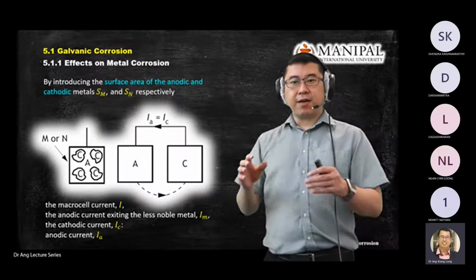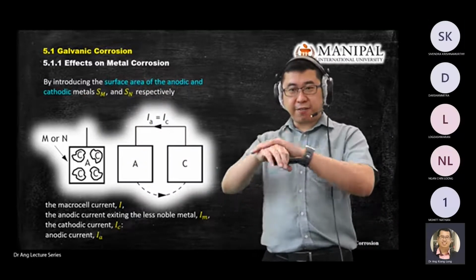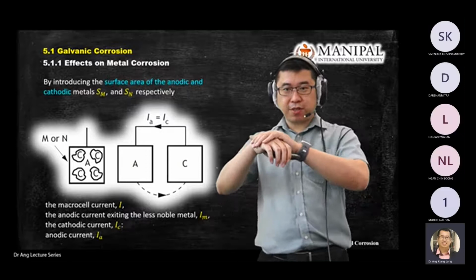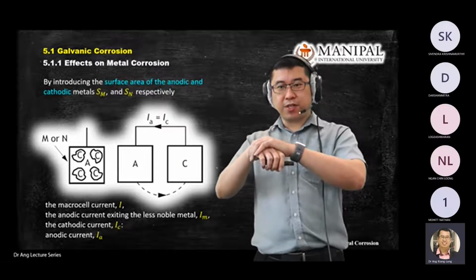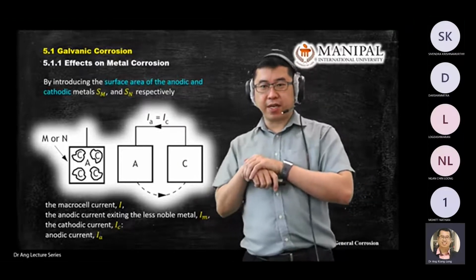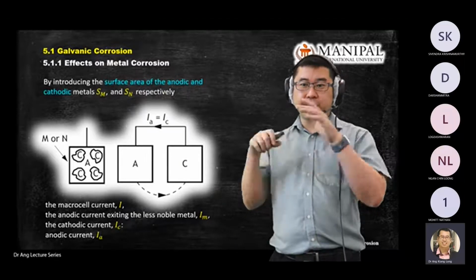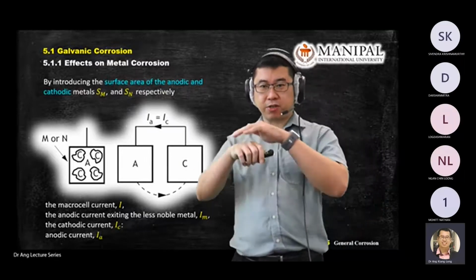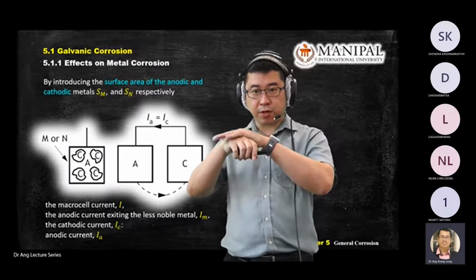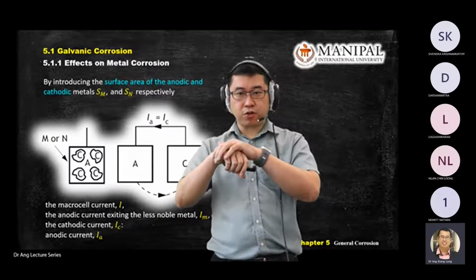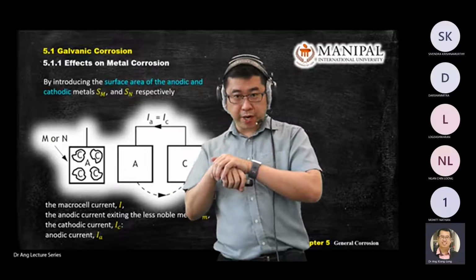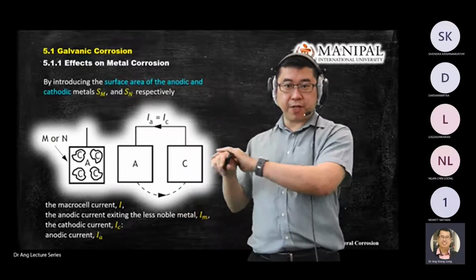Now, you know that the exposed surface will influence the corrosion rate in all types of corrosion, I can say. As long as there's exposed area to the corrosion, it will control the corrosion rate. So same with galvanic corrosion.